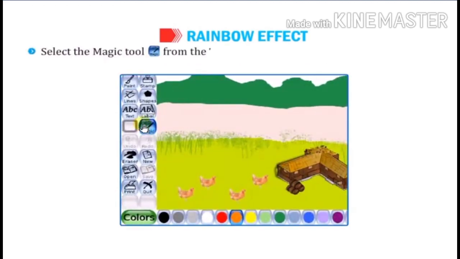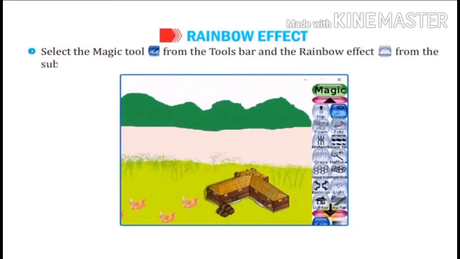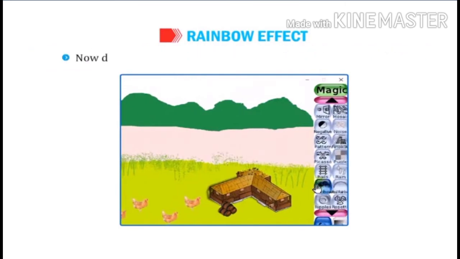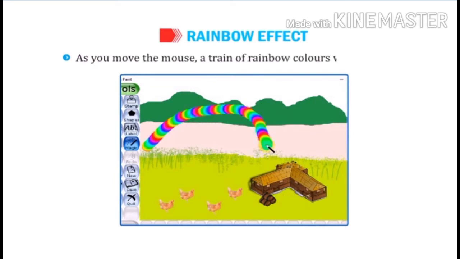Select the magic tool from the toolbar and the rainbow effect from the subtool box. Now drag the magic wand from one point to another in a shape. As you move the mouse, a trail of rainbow colors will be drawn.